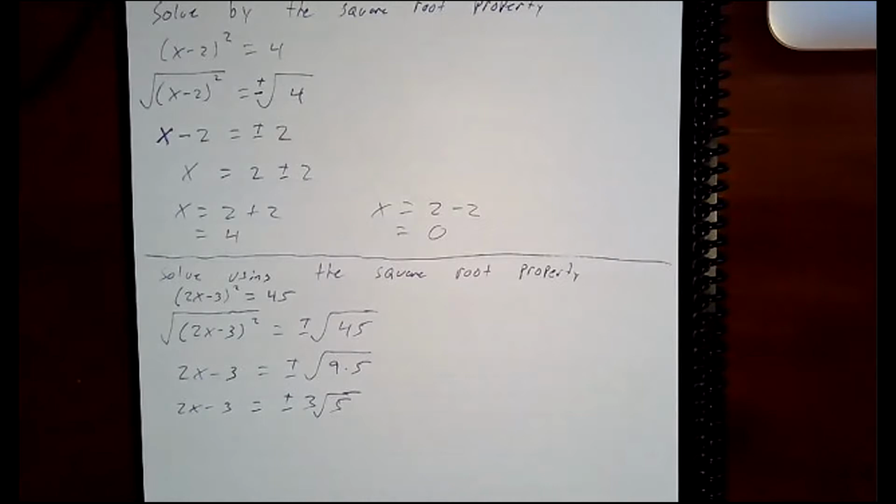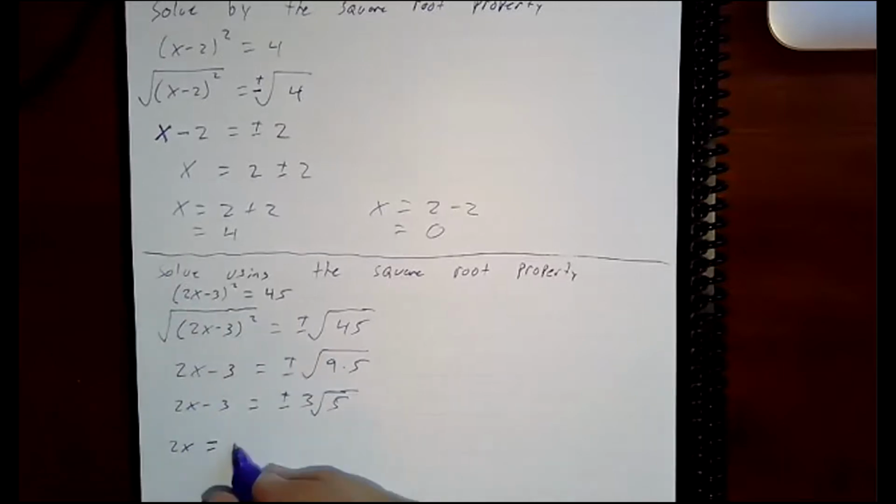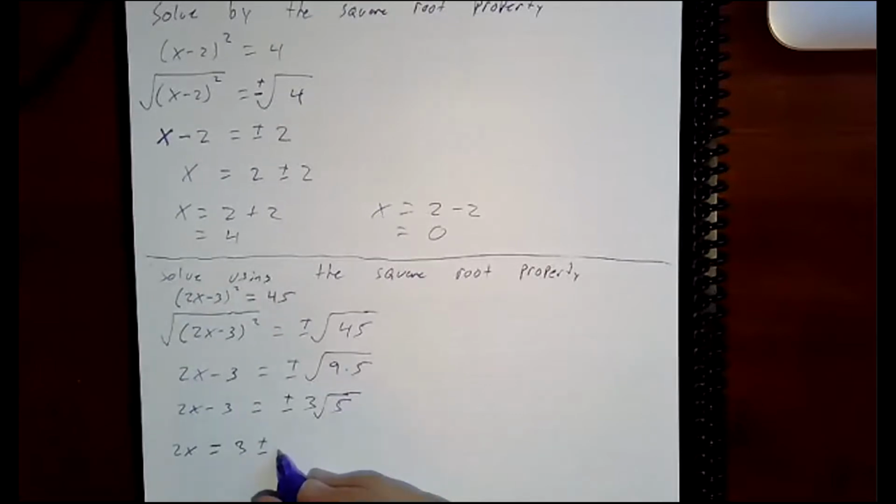So now, solve for x. Just leave this as plus or minus. Don't let it bother you. I'm going to add the 3 over, giving me 3 plus or minus 3 root 5. Divide by 2, and we're done.